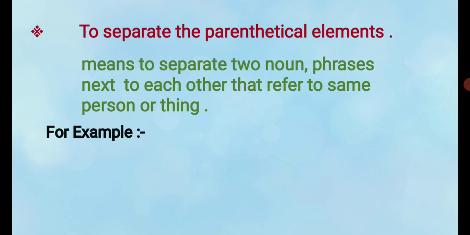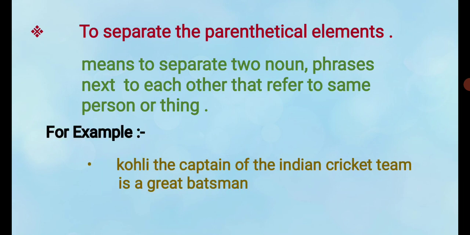Let's see the example. Kohli, the captain of the Indian cricket team, is a great batsman. Here, what is the parenthetical element? Kohli, and the other name is "the captain of the Indian cricket team."